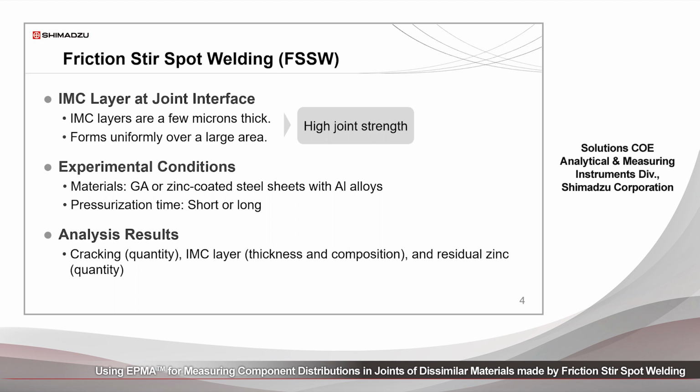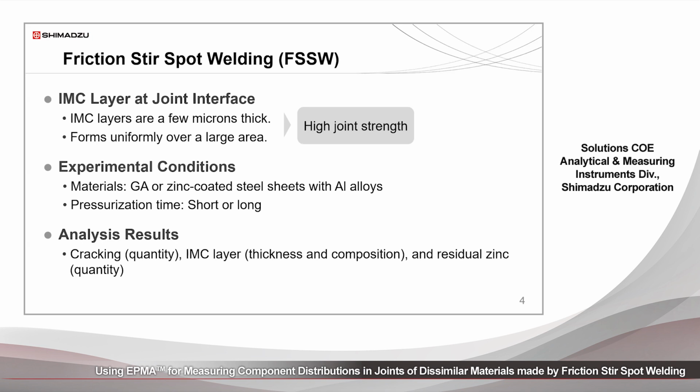the materials that we are going to bond or weld are galvanized steel or zinc-coated steel sheets with aluminum alloys. We will compare two different welds or two different joints. One is of a short pressurization time and the other is a long pressurization time.